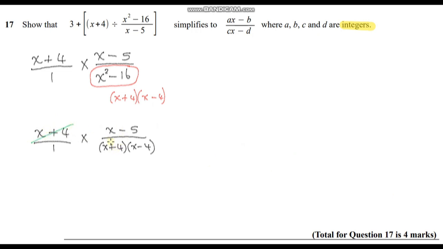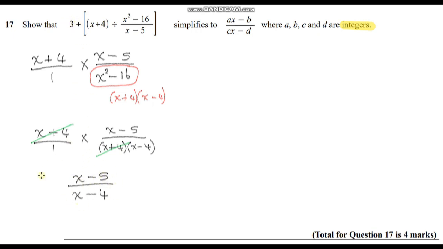So we can just cancel those out, which is quite nice. Now when we multiply, we've just got 1 times x minus 5, which gives us x minus 5. And in our denominator, we've got 1 times x minus 4, which is just x minus 4. So all of this business inside our square brackets simplifies to this here.